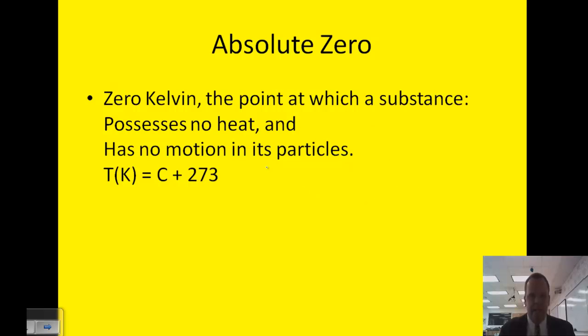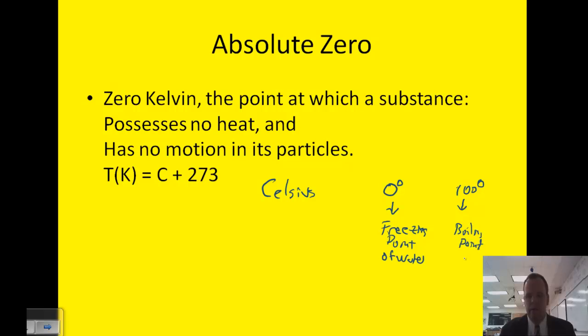If you think of the Celsius scale, we have 0 degrees Celsius, which is the freezing point of water. We have 100 degrees Celsius, which is the boiling point of water.